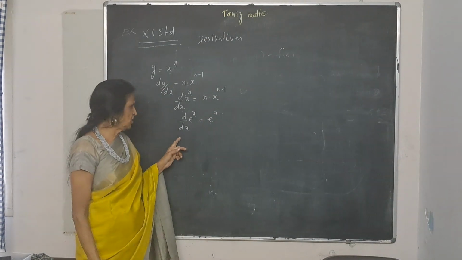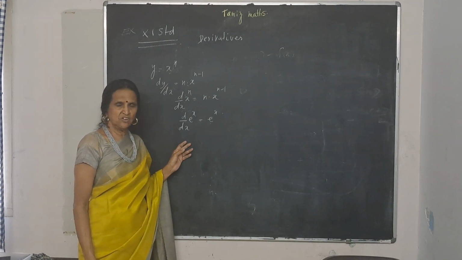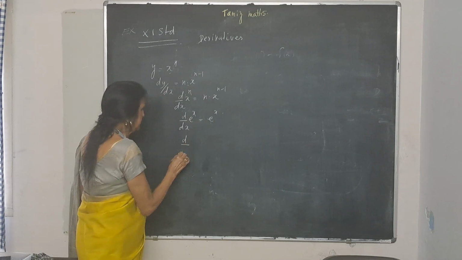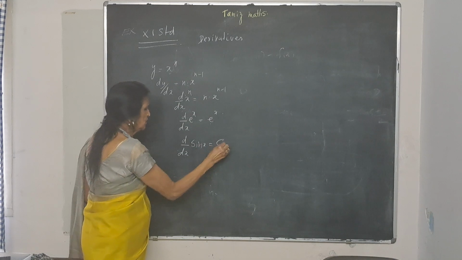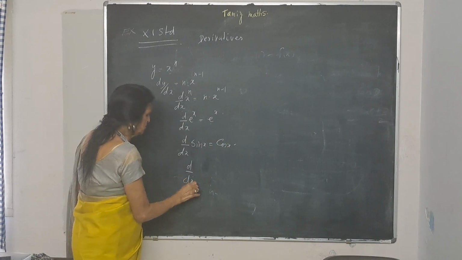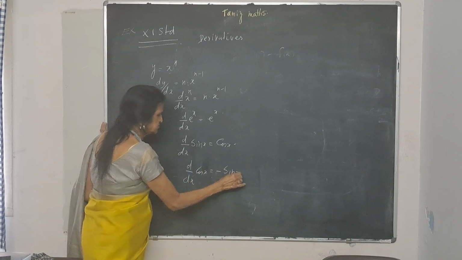D by dx of e power x, all of this could be derived. D by dx of e power x is e power x itself only. D by dx of sin x will be cos x. D by dx of cos x will be minus sin x.